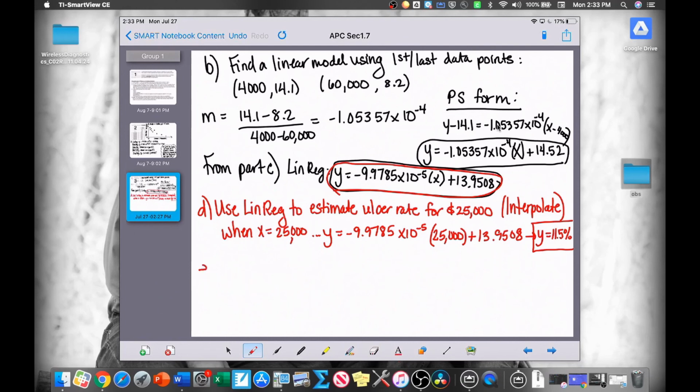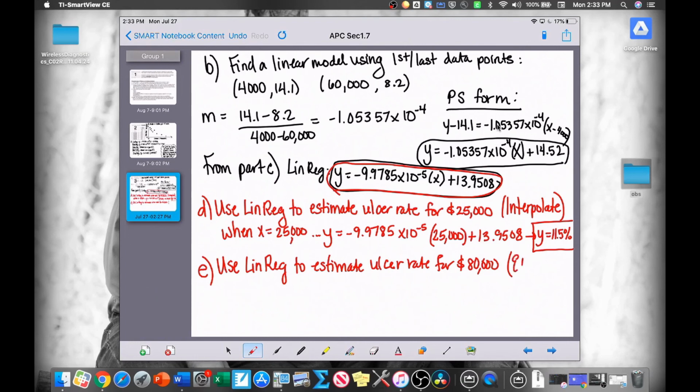All right, and then letter E is the last part here. Letter E says, according to the model, how likely is someone with an income of 80,000 to suffer from peptic ulcers? So this time they want us to use our linear regression model to estimate the ulcer rate for $80,000 incomes, okay, which $80,000 is outside of our data set because our biggest data value in our table was 60,000.